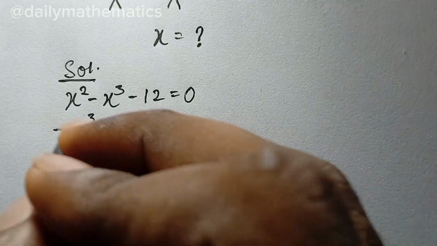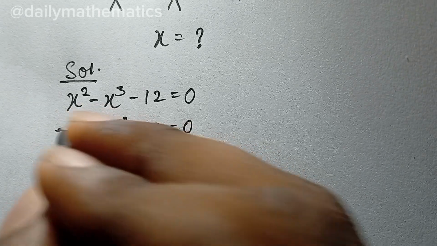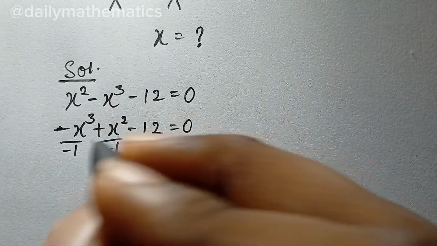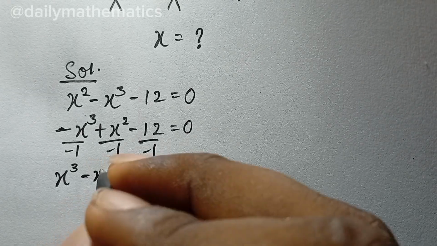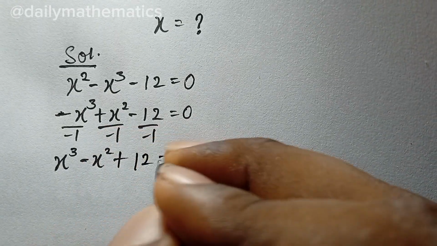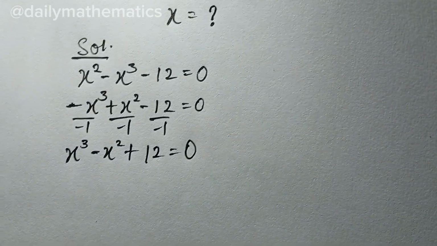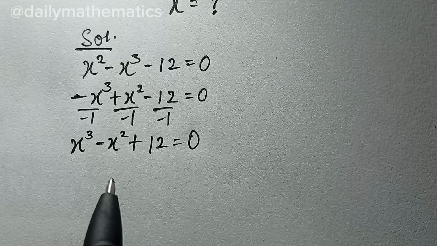And so from here, we can now divide both sides by minus 1 to get rid of this negative value here. And then we have x cubed minus x squared plus 12 equals 0. And so from here we have this equation.